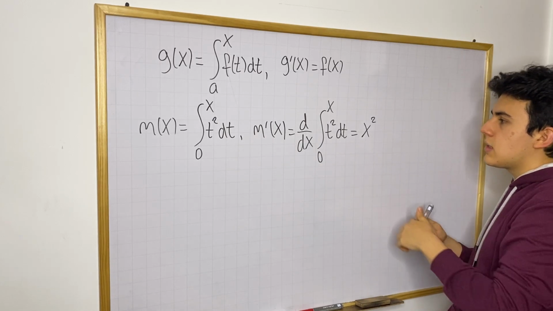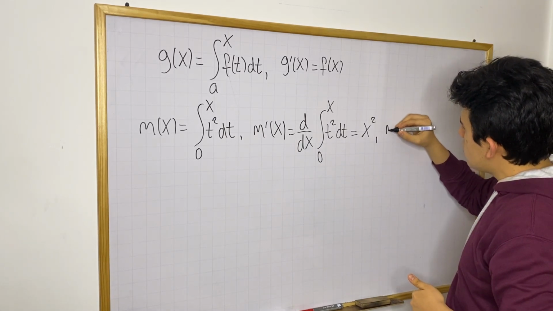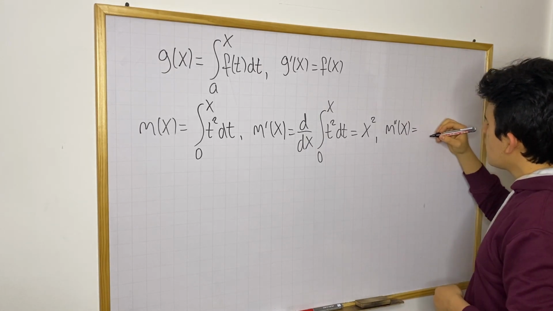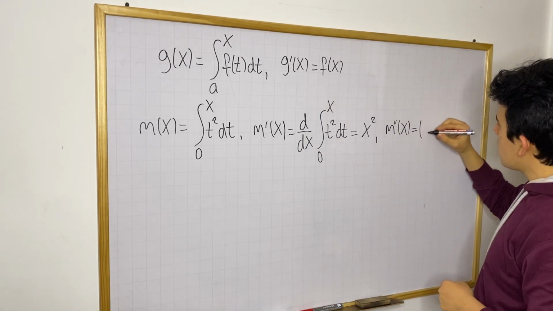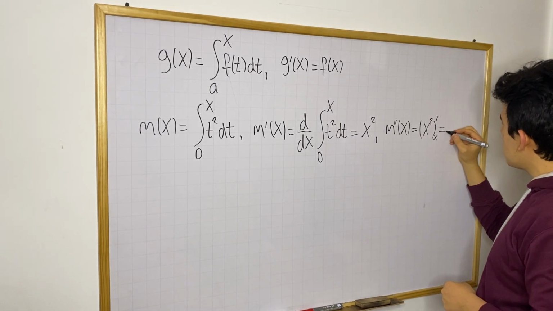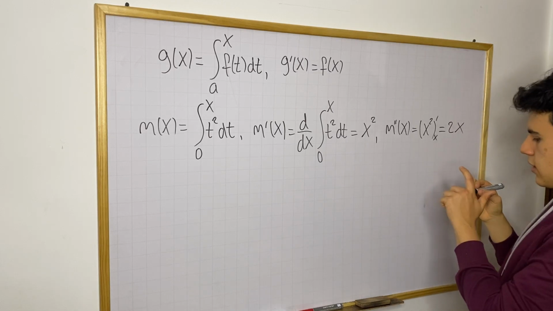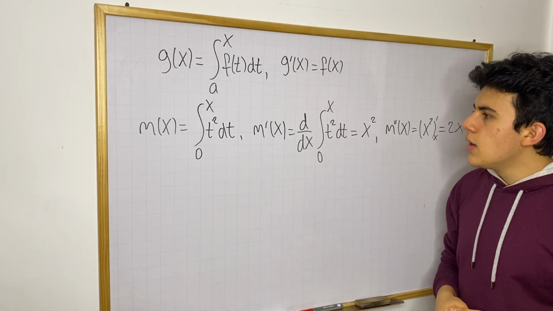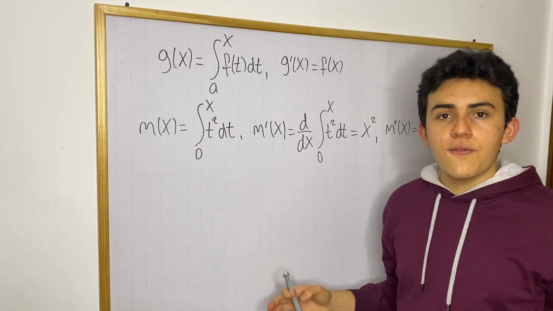Well, we know m prime equals x squared, okay? So we can just say that m double prime of x is equal to the derivative with respect to x of x squared, which we know is going to be 2x, okay? So that's the second derivative of m, okay? So m is just like any other function.